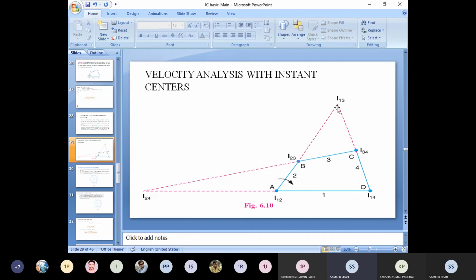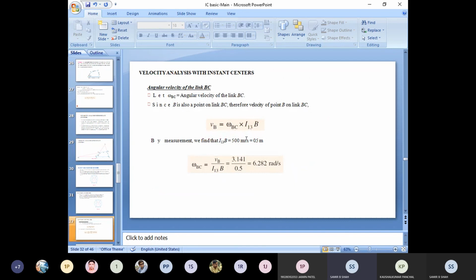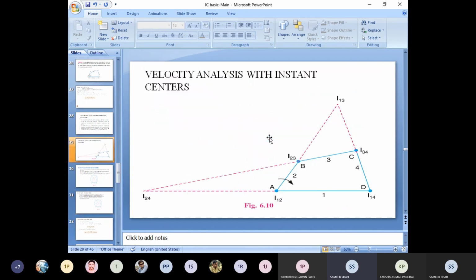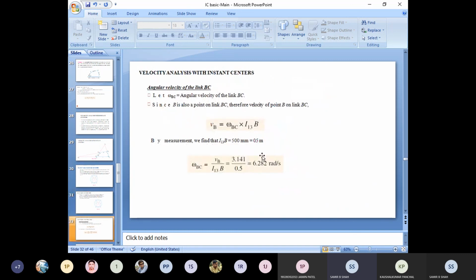Simultaneously we extend this and in the same way extend this, and that dimension, I13B, you get as 500 mm, which is 0.5 meter after converting to meter.